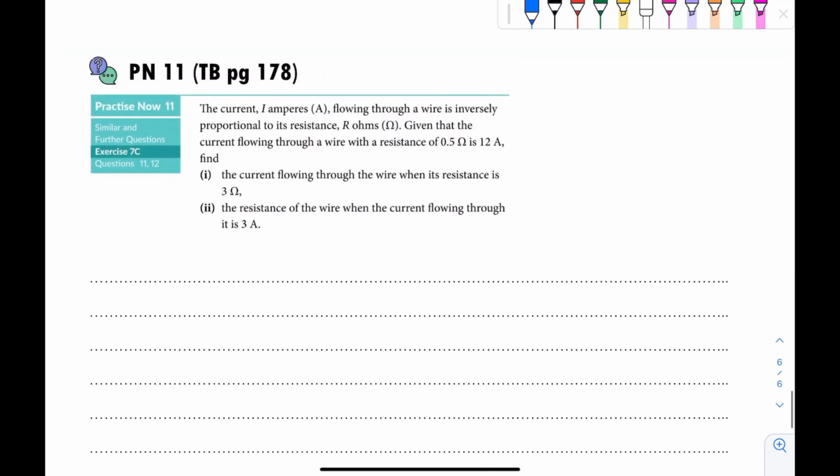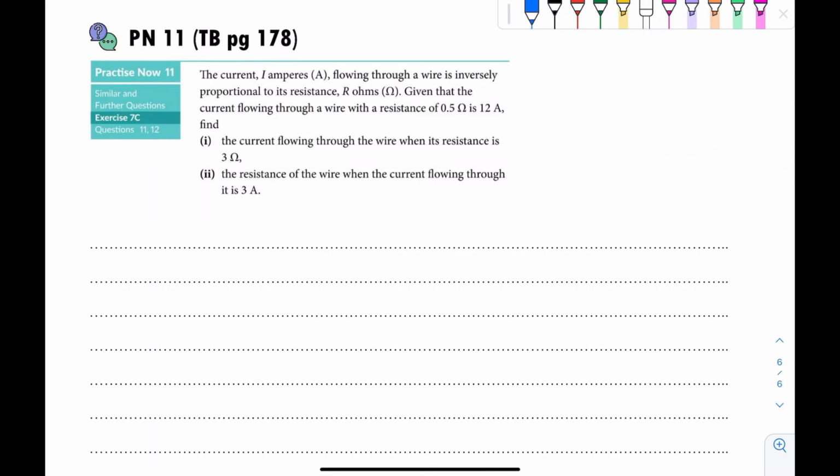We will now proceed to the last question of today's lesson, which is practice now 11. That's in your textbook, page 178.